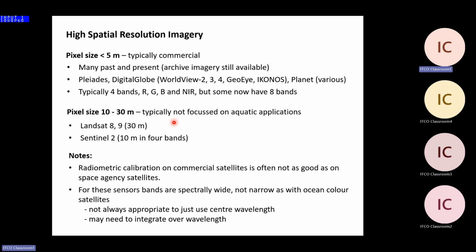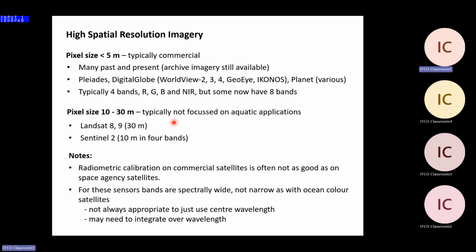So you'll have better radiometric quality imagery with Sentinel-2 and Landsat than with the commercial operators. Also, things like signal to noise ratio are a bit better because the pixels are slightly larger. So you've always got this question of what's the optimal resolution to go for. You might be able to get 2 meter pixel size with one of these commercial satellites, but maybe actually you'd be better off with 10 meter pixels with Sentinel-2. You just have to decide what's best for your application.